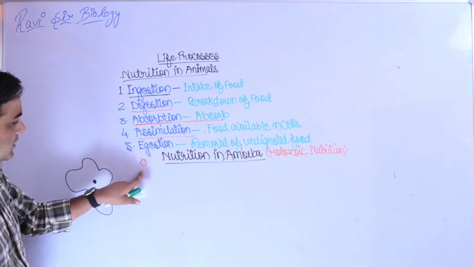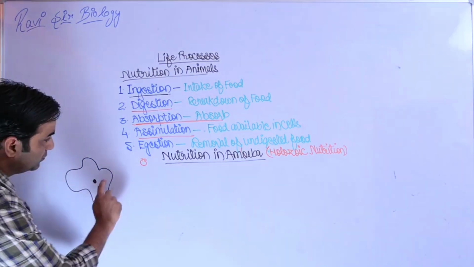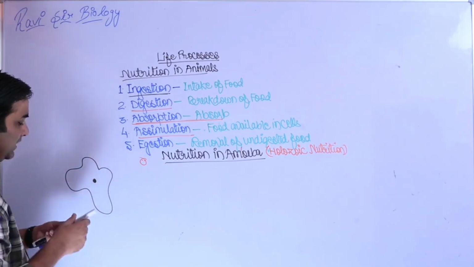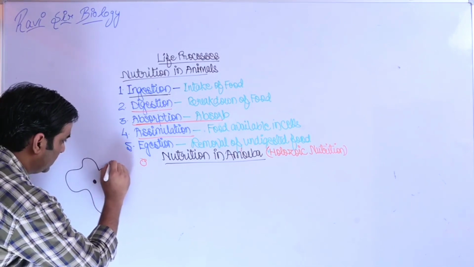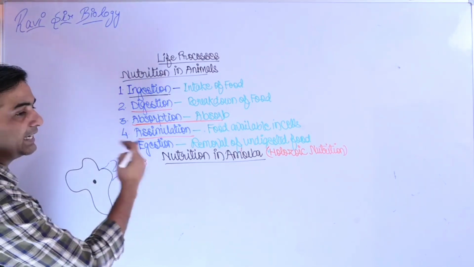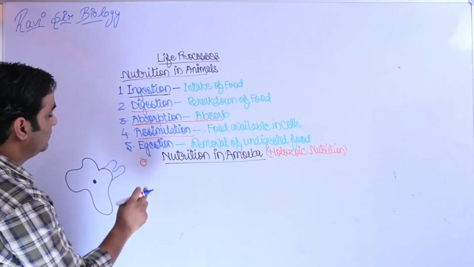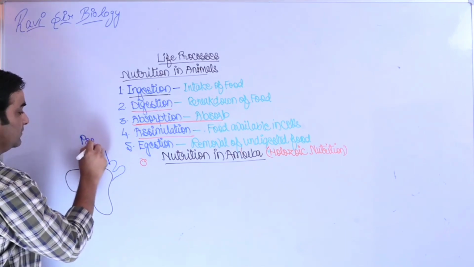This is the organism which is considered the food of this animal. So how will it take it in? It has to move towards it by forming a structure over its body, so that it can move to the organism to have its food, and this structure is called pseudopodia.